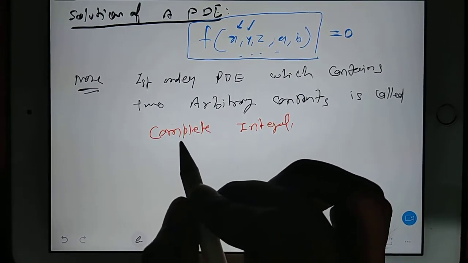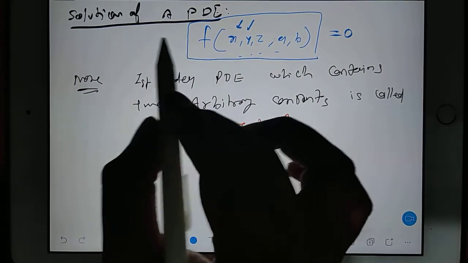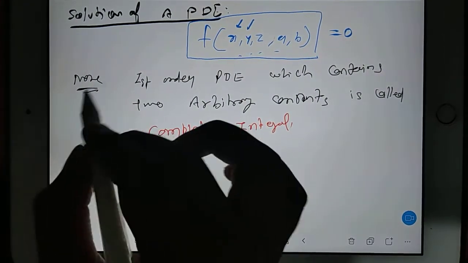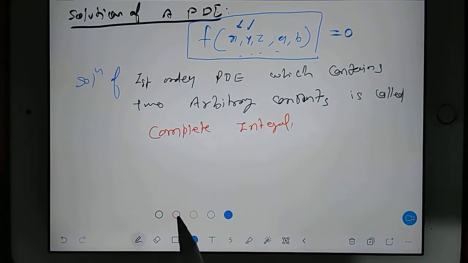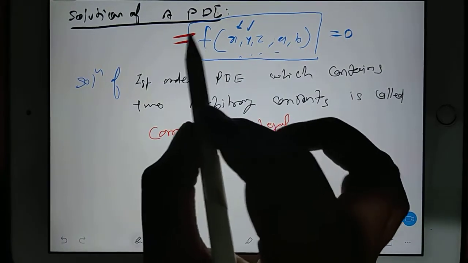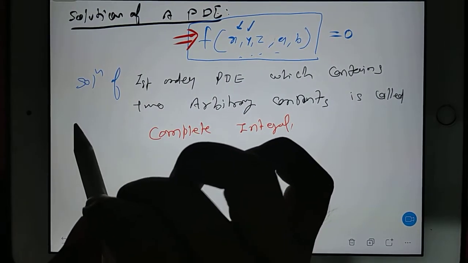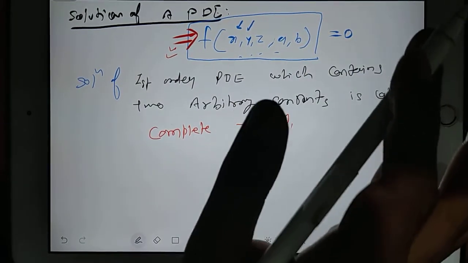This is when we are finding the solution. I have actually missed one word here: solution of a first order differential equation. This is going to be our solution. There will be a partial differential equation given.